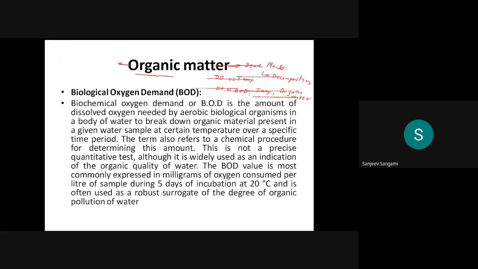The main classification of organic is always the carbon content. If carbon, C, is there in the waste food or the plants, then I can say it is organic.